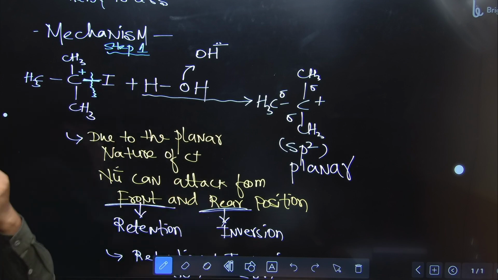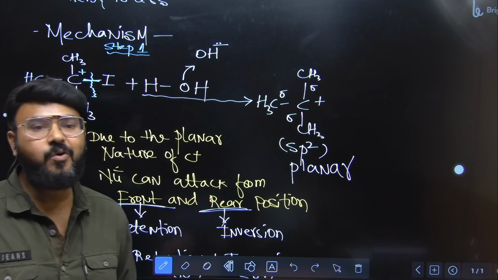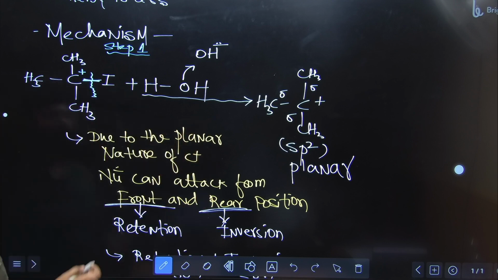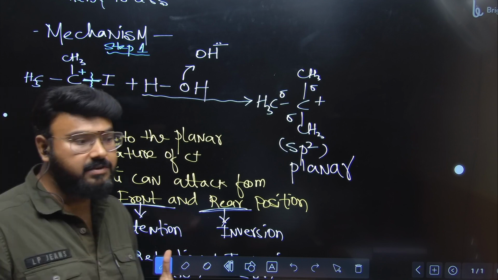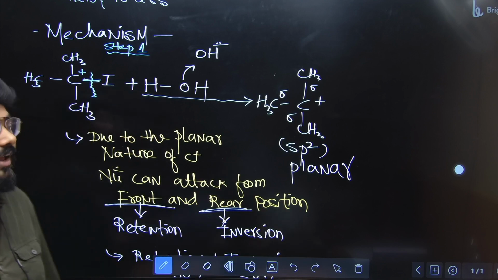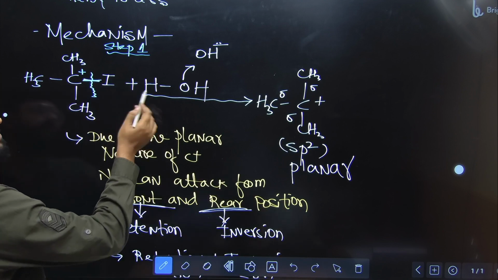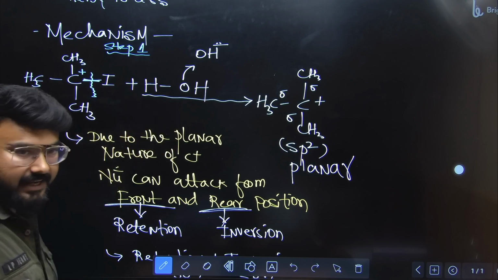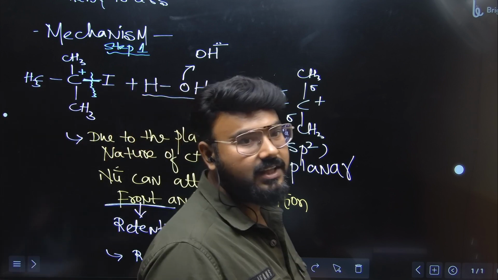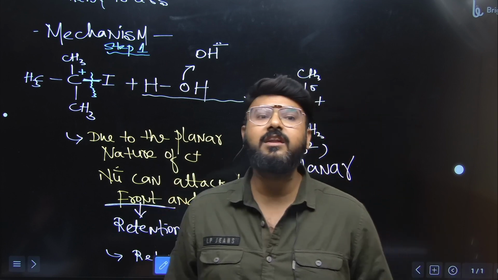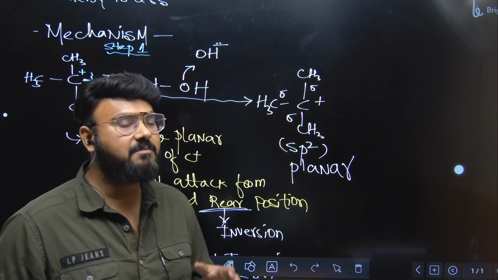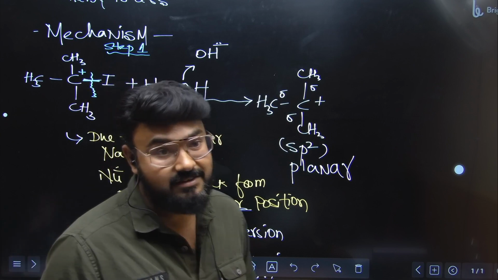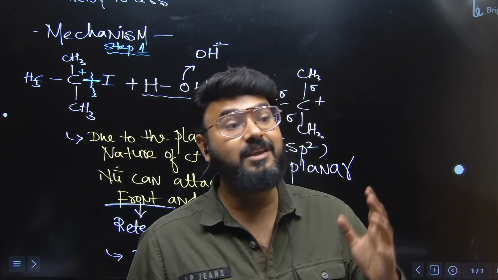Got it now? So understand, the problem here is that this iodine, which is a halogen removed from here, will have a higher chance of rebound. Guys, getting it right? There will be a higher chance of rebound. Understood? In simple words, when the breakup happens, there is a chance of a rebound.